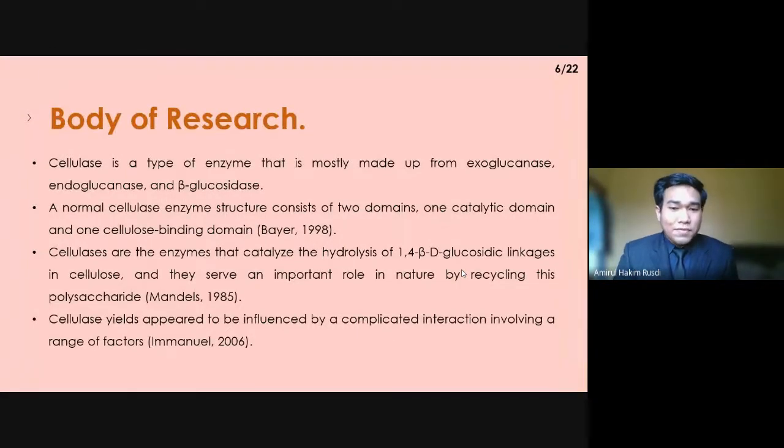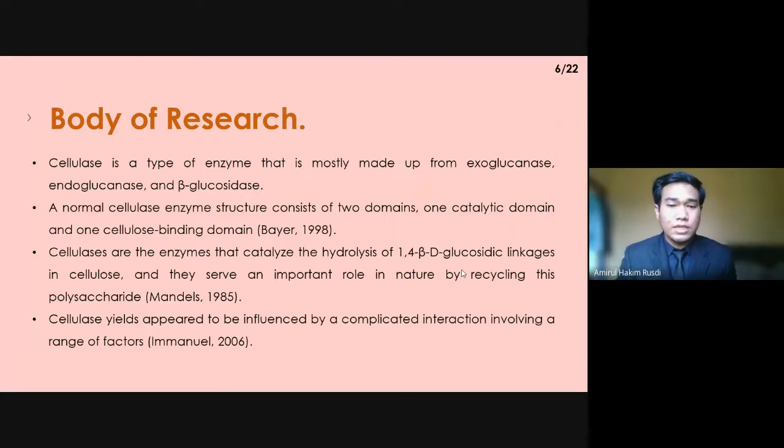Cellulase is a type of enzyme that is mostly made up of exoglucanase, endoglucanase, and beta-glucosidase. A normal cellulase enzyme structure consists of 2 domains, which are the catalytic domain and the cellulose binding domain, CBD, also known as the carbohydrate binding module, CBM.